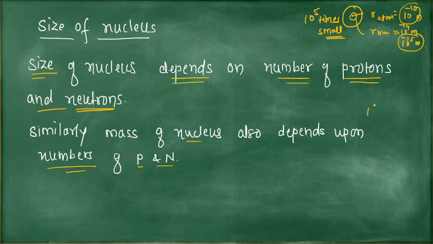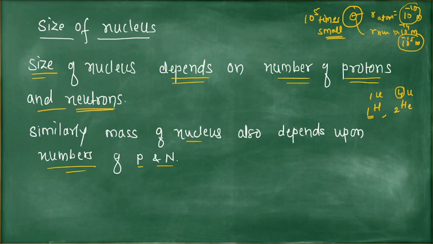Suppose this is 1H1 and 2He4. Here 4 U is the mass of helium. For hydrogen, the number of protons is 1, so 1 U is the mass, actually slightly greater. For helium, 2 protons and 2 neutrons, total is 4, so 4 U is the mass of this helium atom.